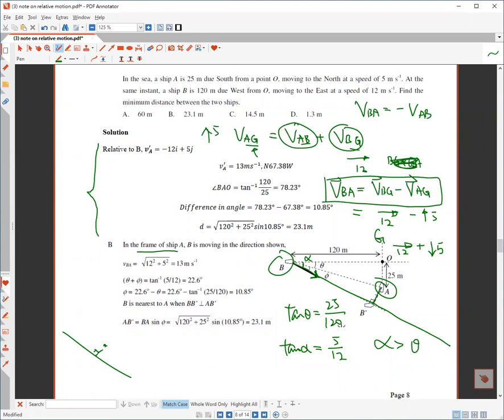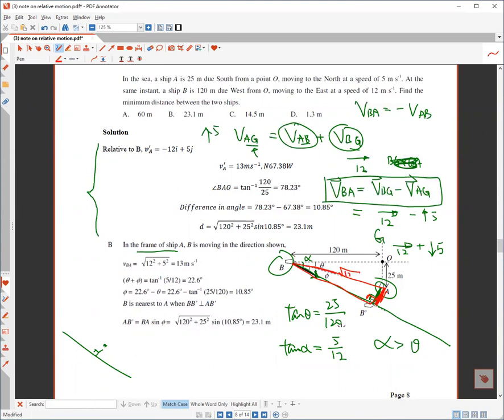Then to find this perpendicular distance, we are always using trigonometry. So you need to have a look at which right angle triangle we can form. I think obviously it's this one. This is the right angle triangle that you're going to form, and then you are going to find this side, which is the hypotenuse of this right angle triangle.